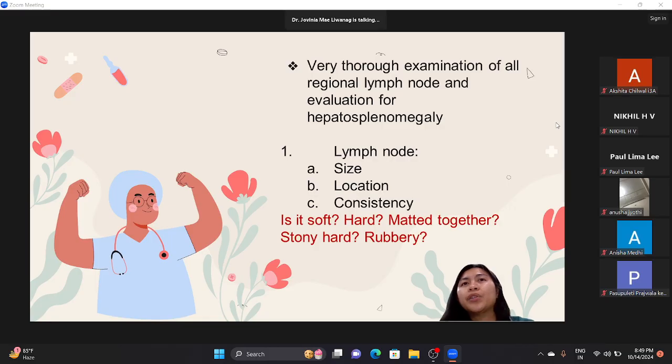For example, in lymph node, we should note the size, the location, and the consistency. So we'll note if it's soft, hard, matted together, stony hard, or rubbery. Why? Because usually if the lymph node is hard, stony hard, most likely it is malignant.